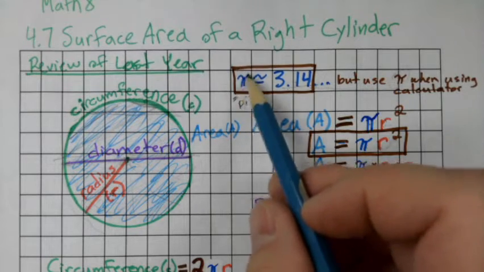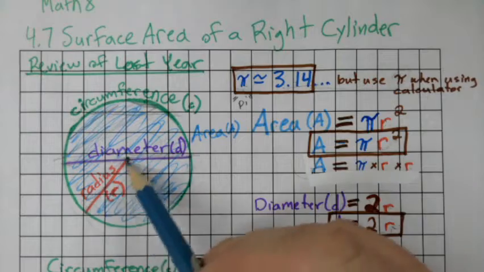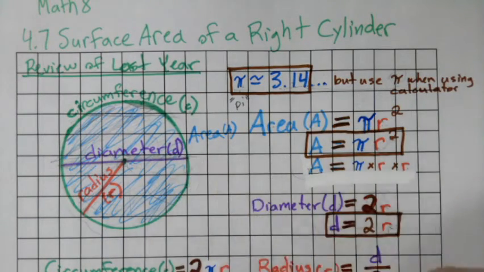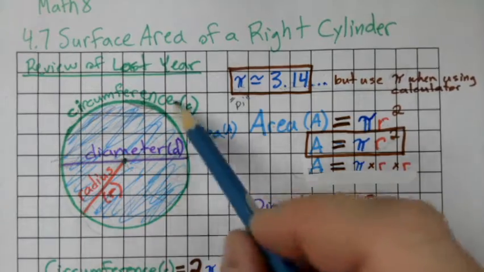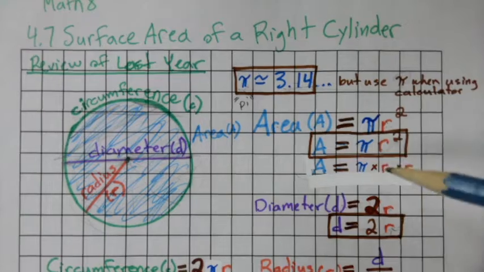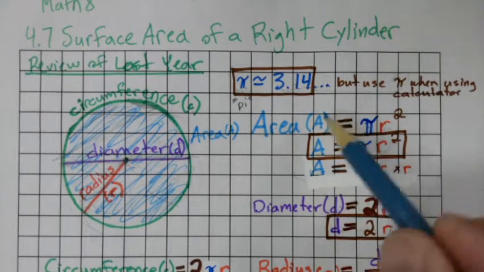So pi is this relationship between the measurements, these straight line segments, compared to the circumference. And so they use this quite a bit, and we'll look at what it means a little bit later here.